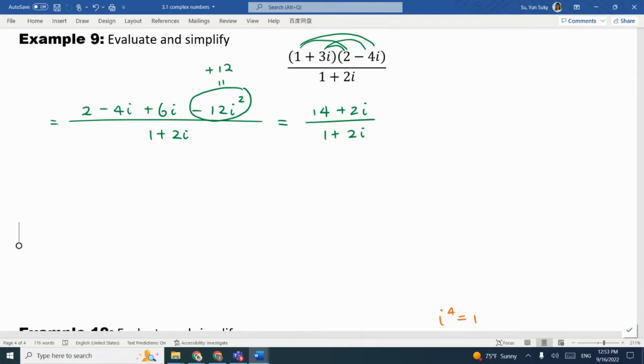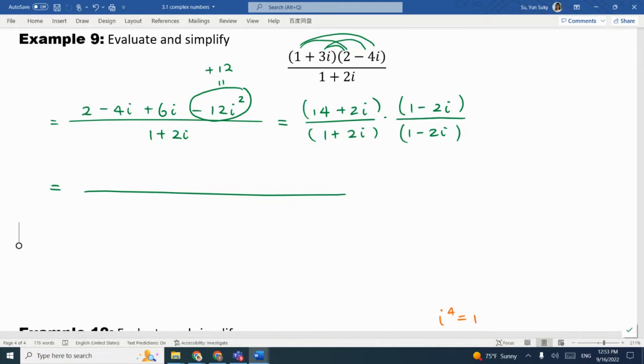Okay, and then we're ready to simplify it. Remember, a complex number divided by another complex number, we multiply by what? The conjugate. So which is what? 1 minus 2i, very good. So we multiply the numerator and denominator by 1 minus 2i.